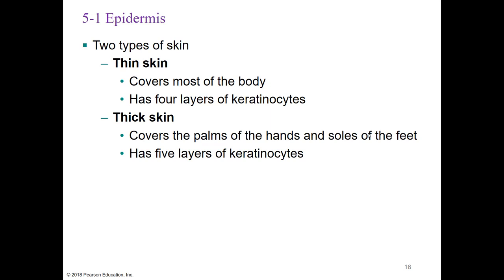It has 4 layers of strata, and we'll look at the strata in just a few minutes, but the strata are basically sections of keratinocytes, and each one of those strata is going to have different things going on in it. So thin skin has 4 layers of strata which contain keratinocytes or skin cells.